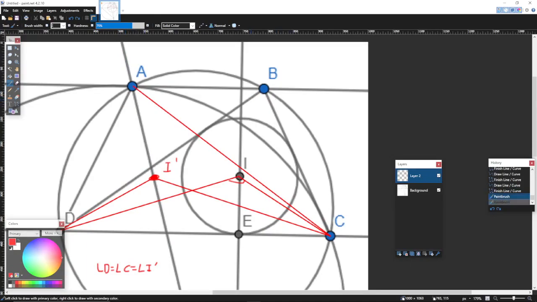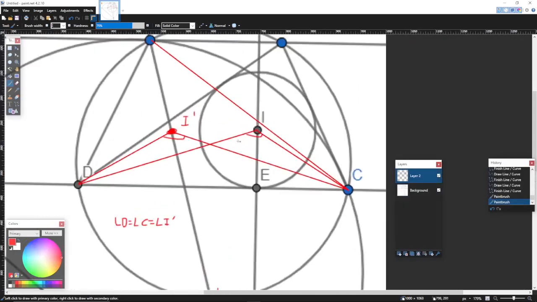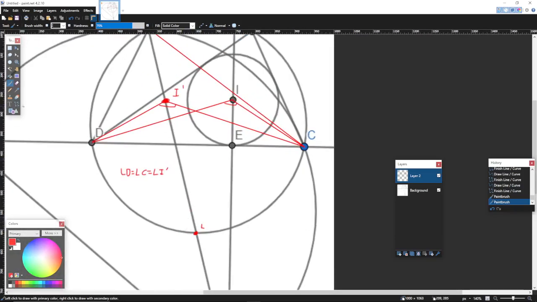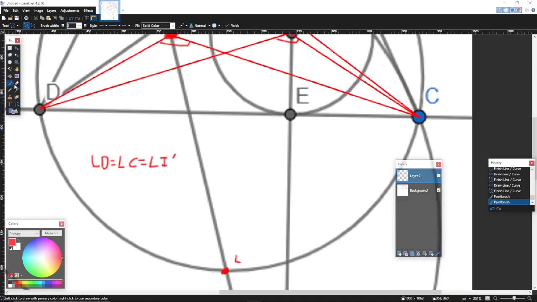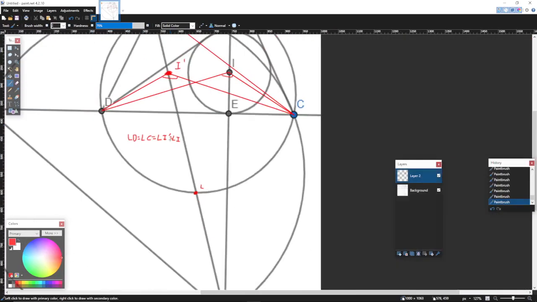But this angle and this angle are the same by properties of cyclic quads, which means that this angle and that angle are the same. And this is a sufficient condition to show that D, I prime, I, and C are concyclic. But remember, L is the center of the circle that contains D, I prime, and C. So that means I must also lie on the circle. And because of that, we also have LI prime equals LI, okay?